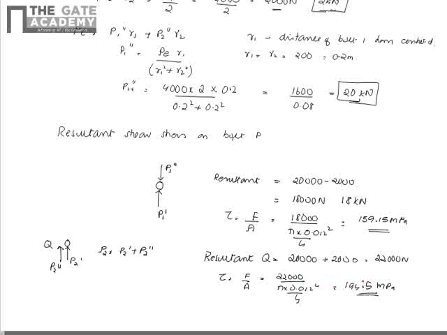So 194.5 MPa is the maximum shear stress coming in bolt Q, and 159 MPa is the shear stress coming in bolt P. So this is a question from GATE 2008. This kind of questions can be easily solved using this principle of eccentric loading on bolted joints.